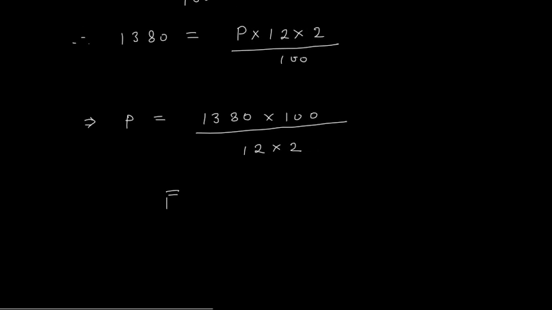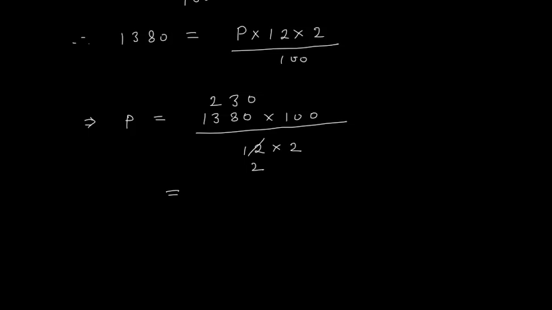Now with 12 I can cancel this 1380. 3 plus 1 is 4 and 8 plus 4 is 12, so definitely it is divisible by 3. Let us first divide it by 6. Why am I dividing by 6? Because they are divisible by 3, and 0 indicates that they are divisible by 2 also. So 6 to the 12, 1 carry, 6 3s are 18. So this is 230 upon 2.